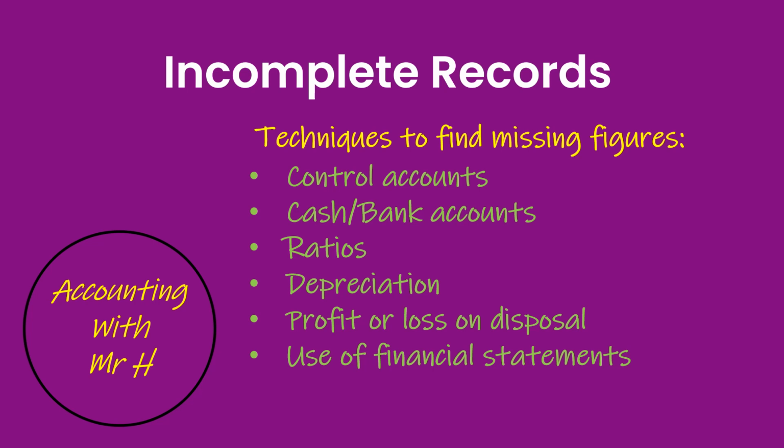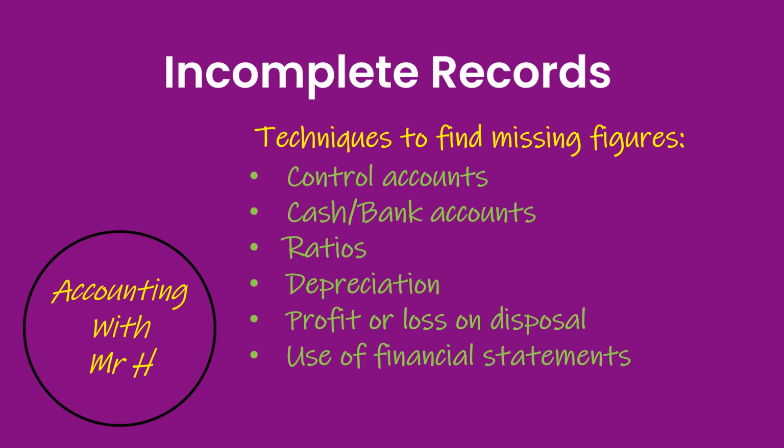Ratios, particularly gross profit margin, markup, profit in relation to revenue, and rate of inventory turnover, can be helpful in finding missing figures. So can being able to calculate depreciation and a profit or loss on disposal. And finally, we can use the financial statements themselves.